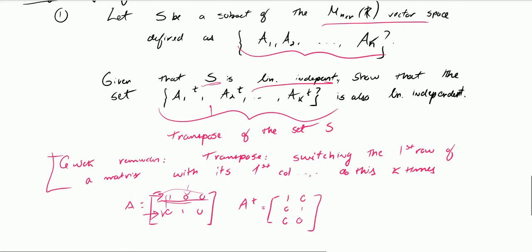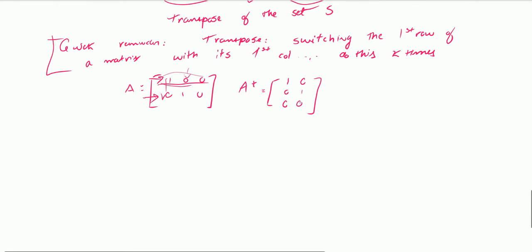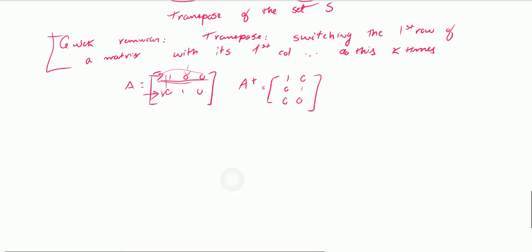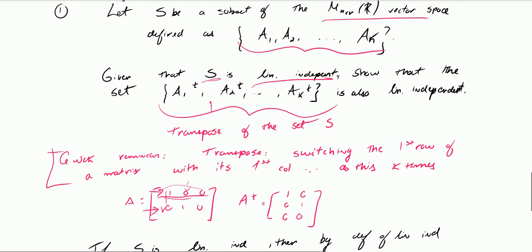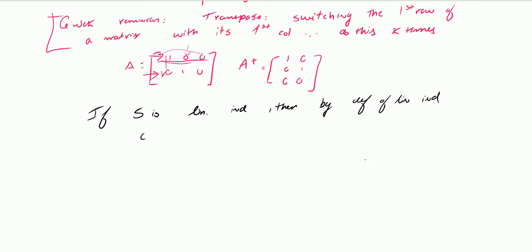Okay, so now let's start the proof. We start by saying that if S is linearly independent, then by definition of linear independence, we can express this set as a linear combination where we have C1A1 plus C2A2 plus ... plus CKAK equals the zero vector, which in this case is the zero matrix with a certain dimension.